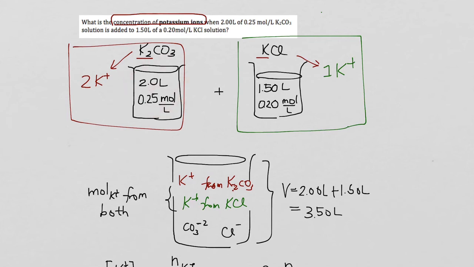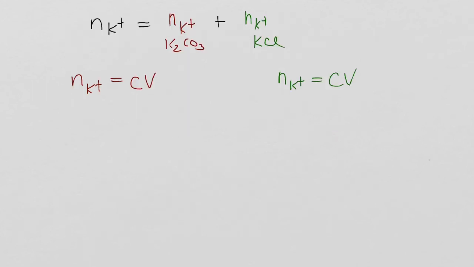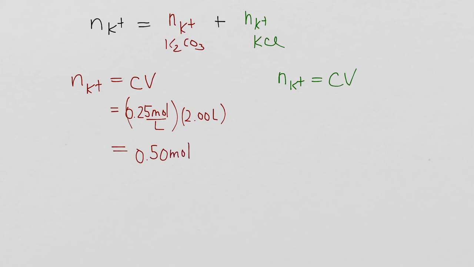K2CO3, 2 liters, 0.25 moles per liter. So N equals CV equals 0.25 moles per liter times 2.00 liters. So that's equivalent to 0.5 moles. But the other thing is you also have to remember to multiply by 2.